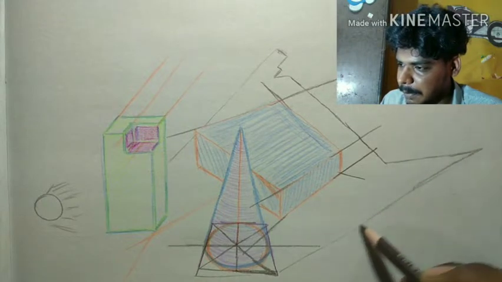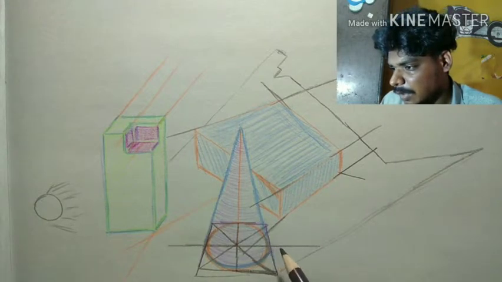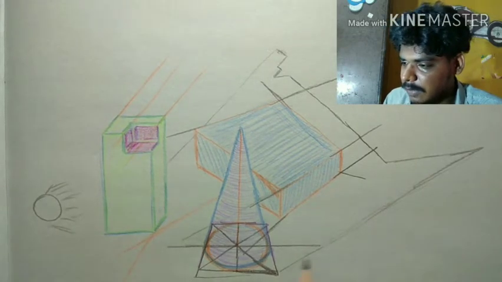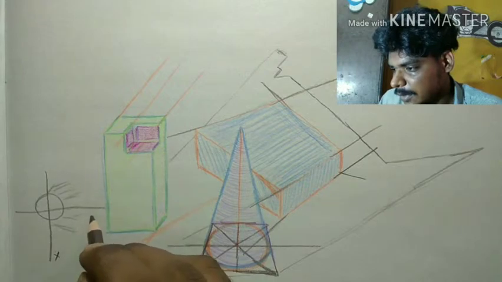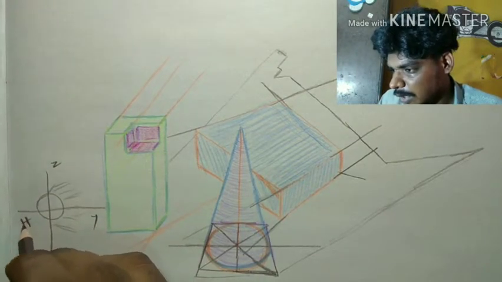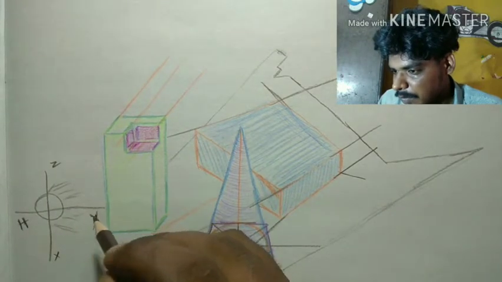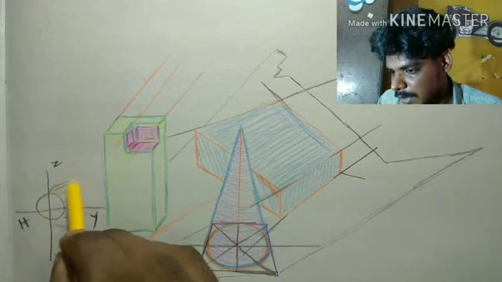So the combination of the shadow will reflect over the square and then the floor, and also a cone. The cone also reflects light in the direction opposite to the light. The shadow will be reflected over the rectangle, and light has four dimensions of reflection: x, y, z and h.